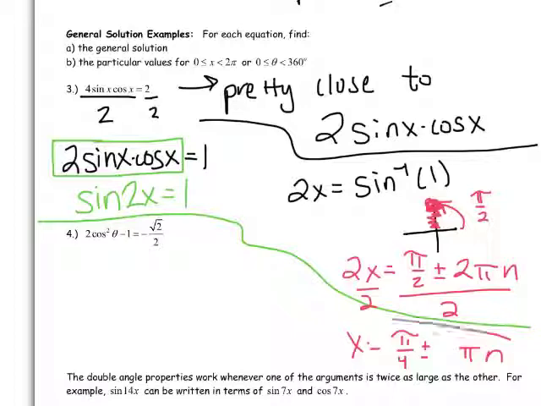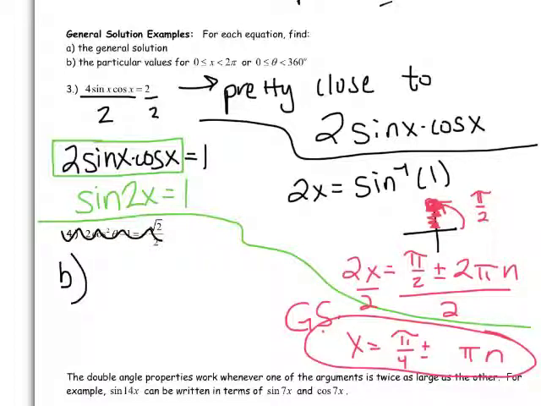All right, so that's my general solutions. And then if I want some particular values from 0 to 2 pi, well, pi over 4 is between 0 and 2 pi, so that's one answer. I'm totally out of space here, so I'm just going to have to come down here. So part B is pi over 4.